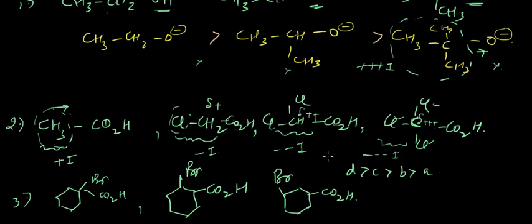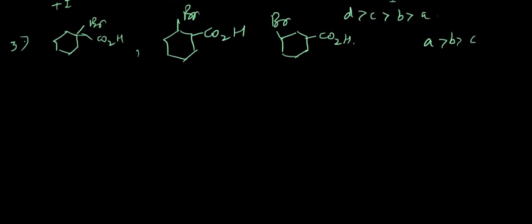When we see the nature of substituents to the carboxylic acid, here the nature would be the same, that is being minus I. So how close the minus I group or the Br group is attached will determine the acidic strength. Hence, as I said earlier, ABC would be the order, because the Br group is attached closest to the carboxylic acid in case A, then B, then C.